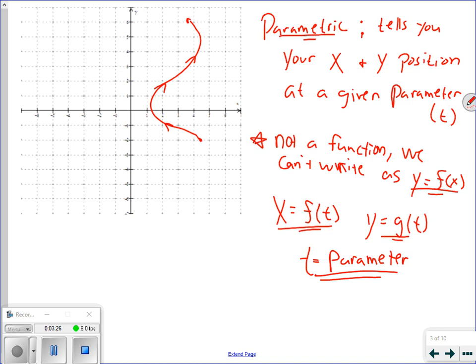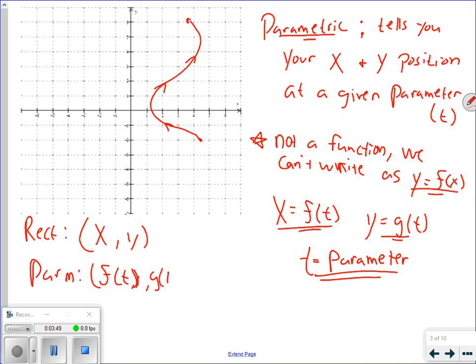Whereas in what we call rectangular math, when we have x and y coordinate planes, a point is written as x comma y. Now with parametrics, we're going to have something a little bit different: f of t and g of t.